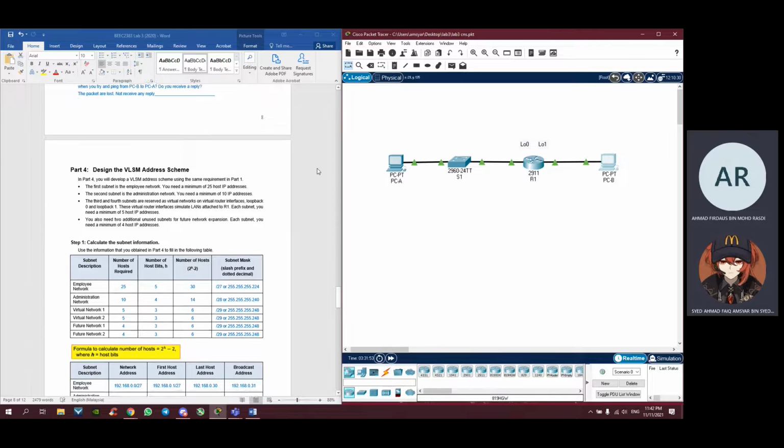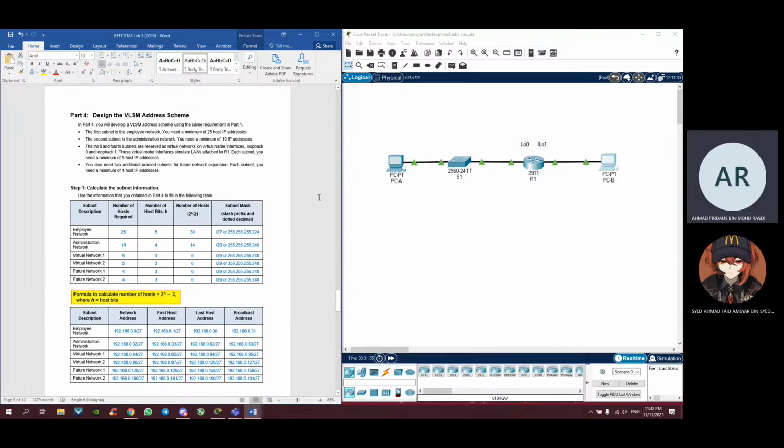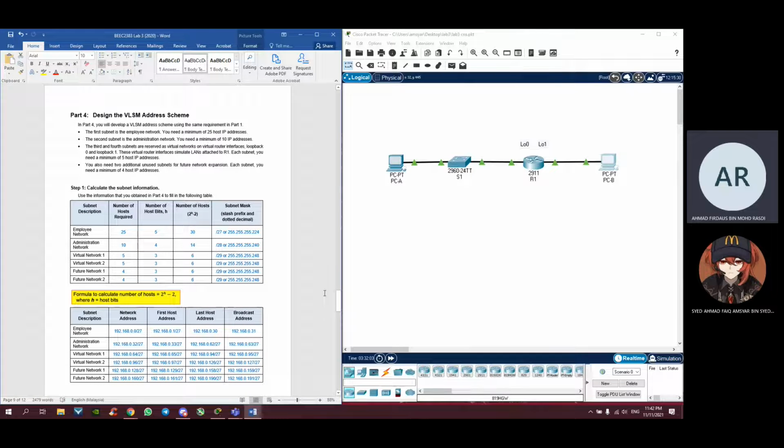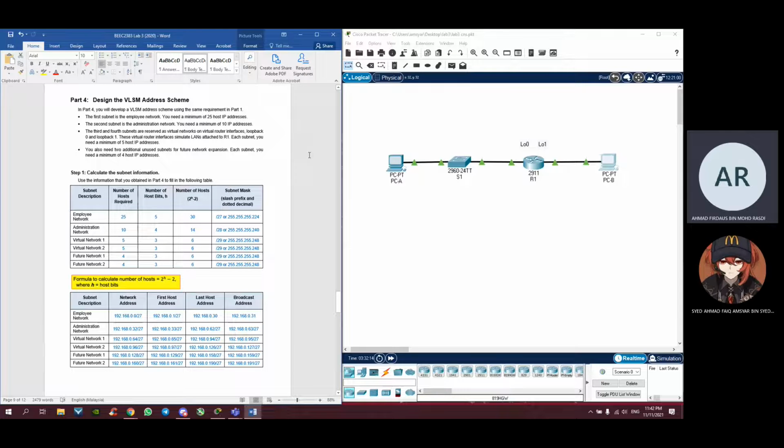All right, next is part 4. We are going to design the VLSM address scheme, and the requirement is the same as part 1, which is we need 25 host IP addresses for the employee network, a minimum of 10 IP addresses for the second subnet, which is the administration network, and the third and fourth subnets are reserved as virtual networks on virtual router interfaces, Loopback 0 and Loopback 1.